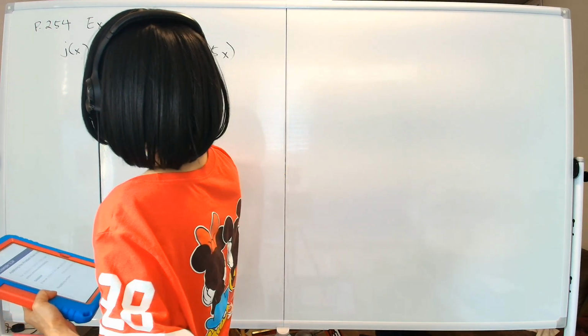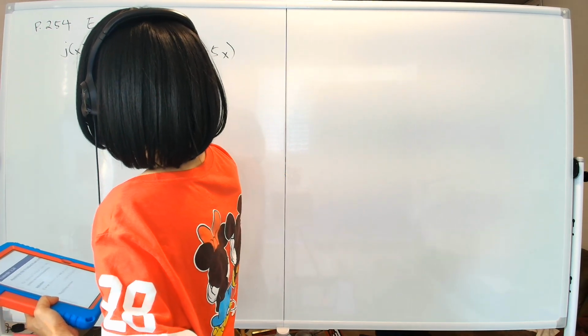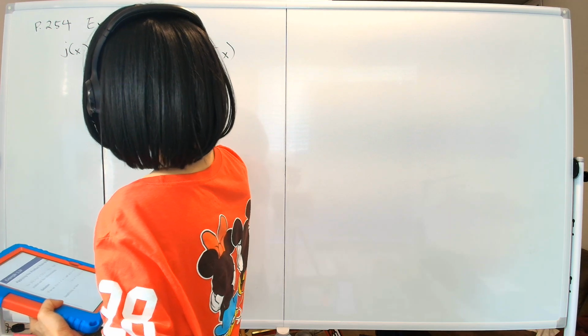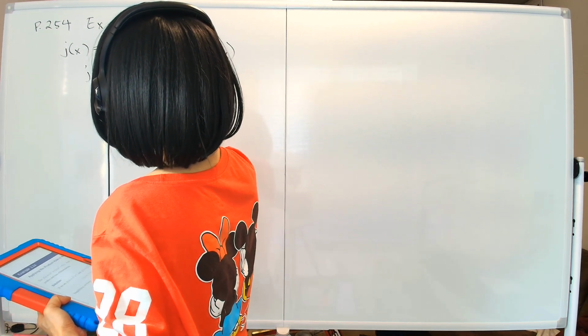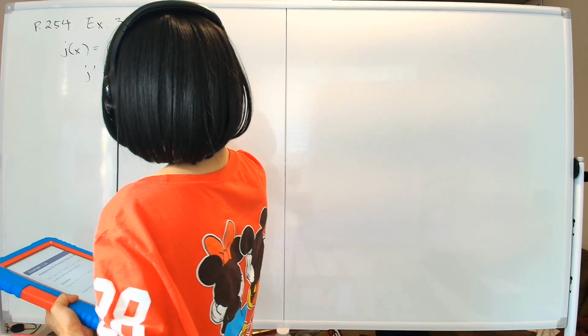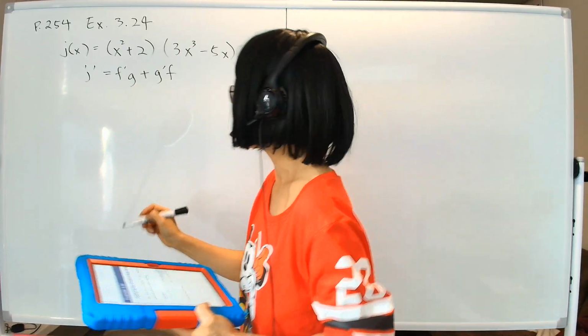The product rule says j prime equals f prime g plus g prime f. Okay, that is how you can quickly remember it.